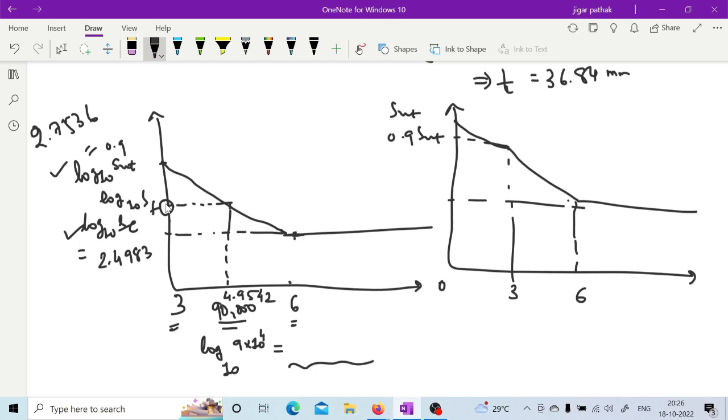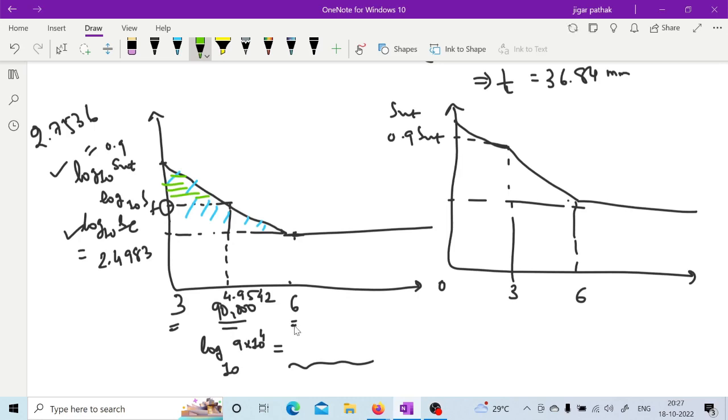Or by similar triangles you can calculate it simply. You can take this triangle, and this may be the other one. I guess this way you can proceed.